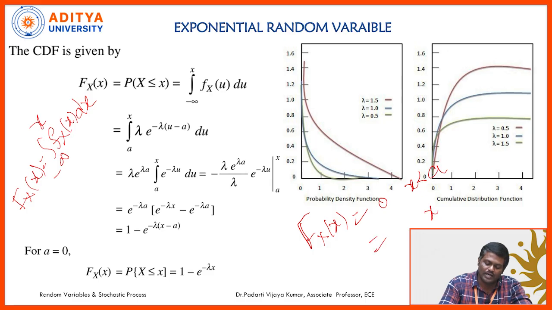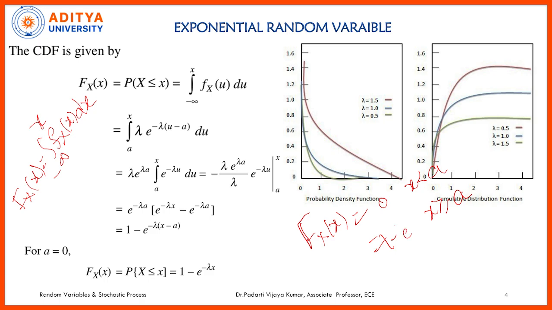When x is greater than or equal to a, it will be 1 minus e power minus of (x minus a) by b, and when x is equal to infinity, its value is equal to 1. That means it is an increasing exponential function and it will reach the maximum value 1 when x reaches infinity. This is the distribution function for the density function.